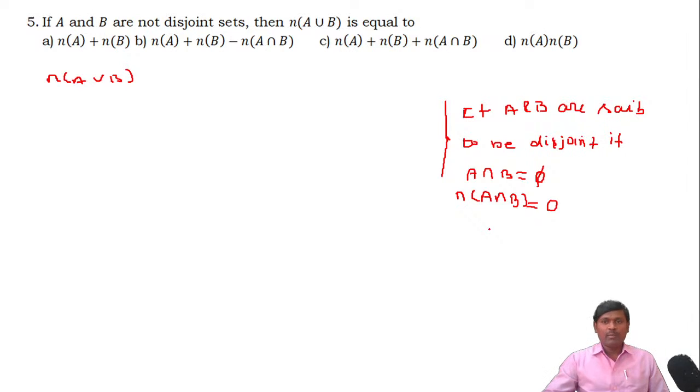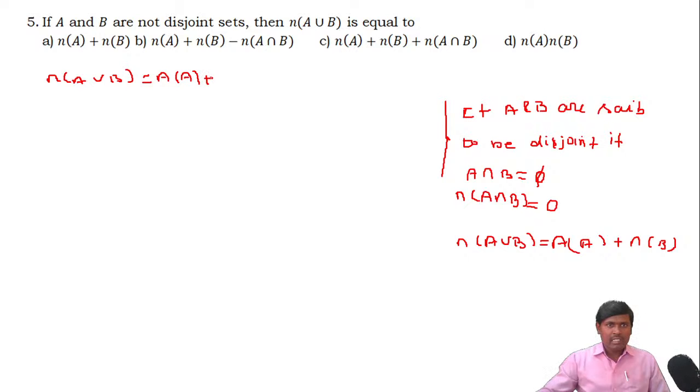If the given sets are disjoint, then the formula is n of A union B equals n of A plus n of B. Why? Because if the sets are not disjoint, the solution is n of A plus n of B minus n of A intersection B. This is the formula.